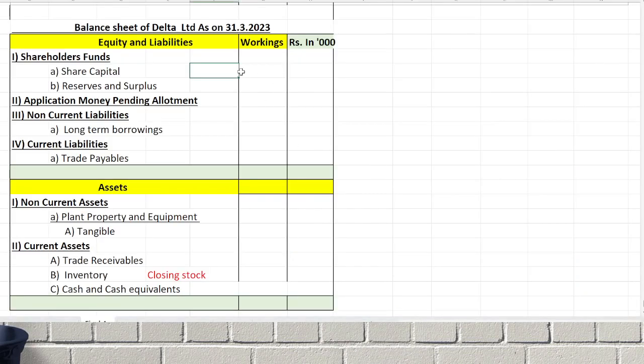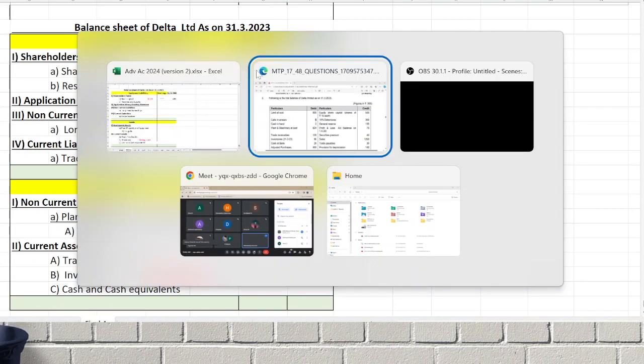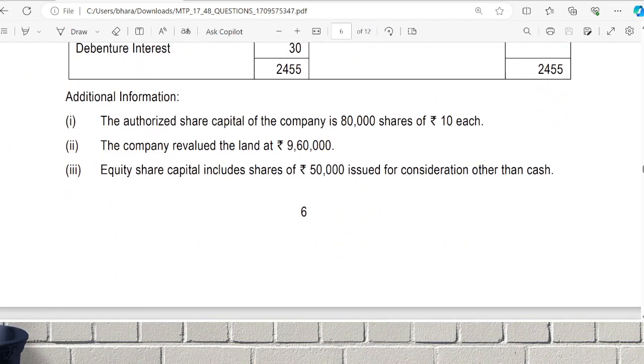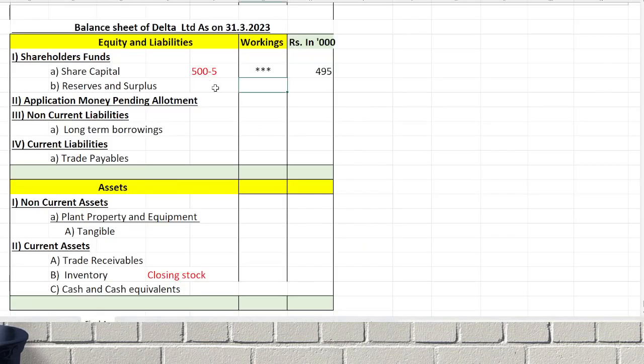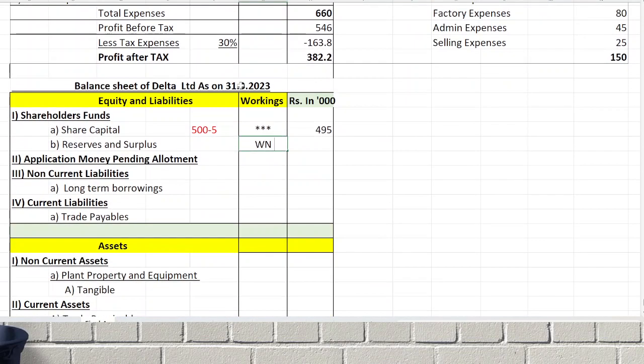How much will it come? 495. And please remember you have to give notes to accounts. Which notes to accounts? Authorized capital with the called up capital minus calls in arrear. And one more thing, shares issued for consideration other than cash, that you have to give as notes to accounts.